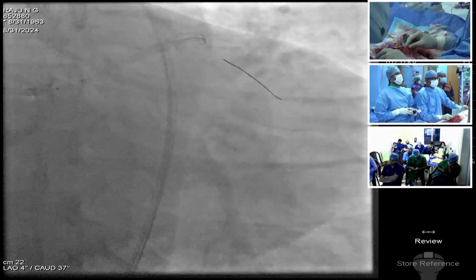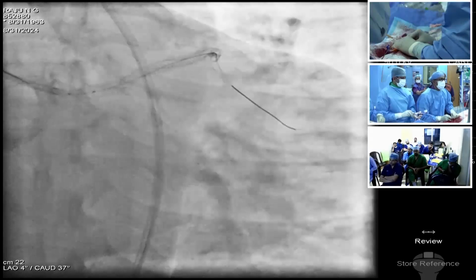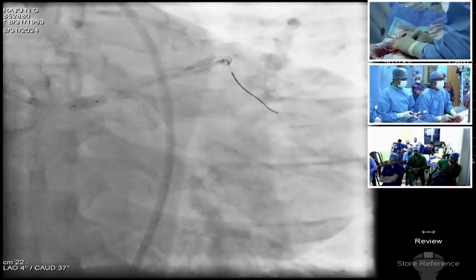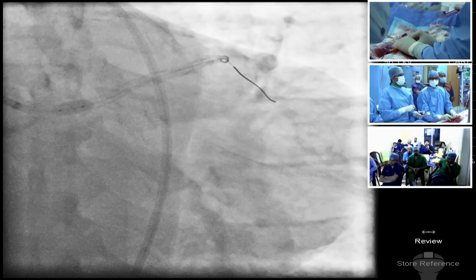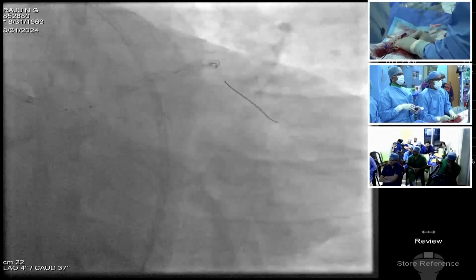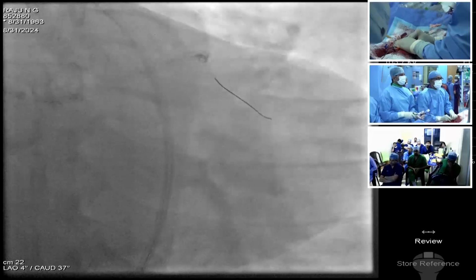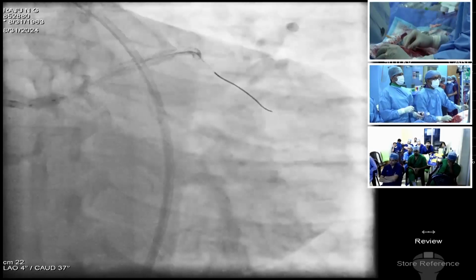Negative. 16, 18. 8 melon seed negative. I think we'll pull it back a little more once again. Okay, so okay. 16 negative.